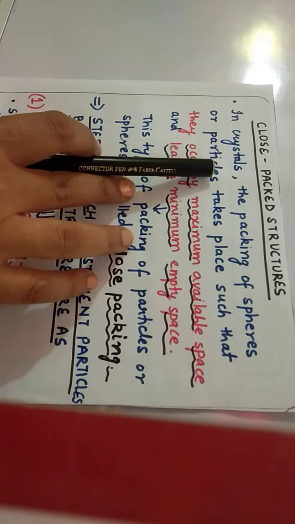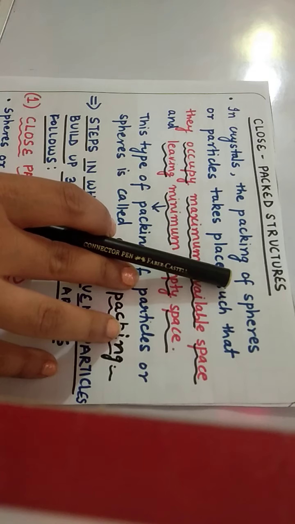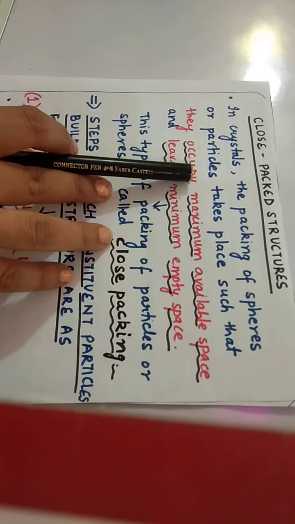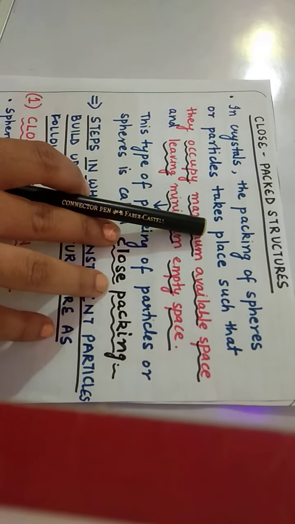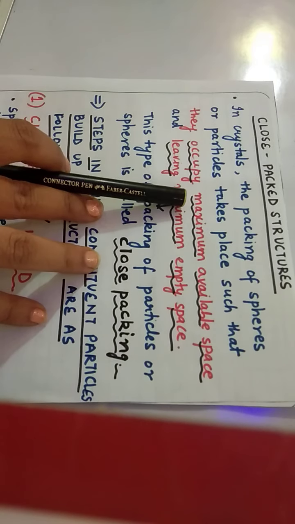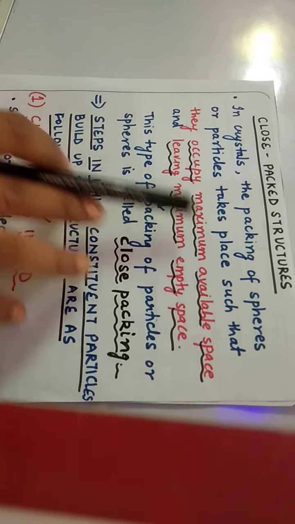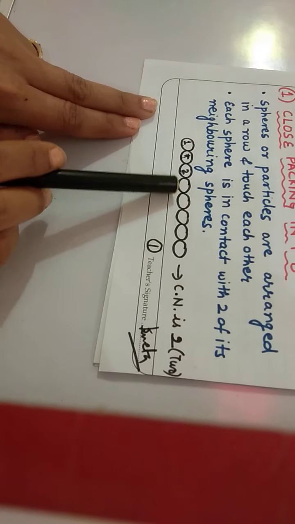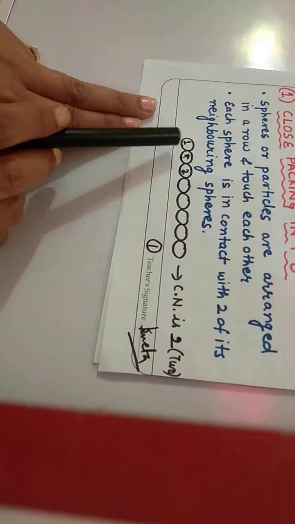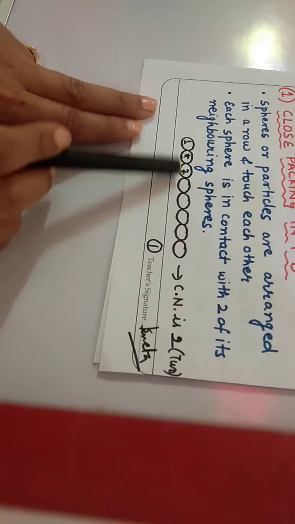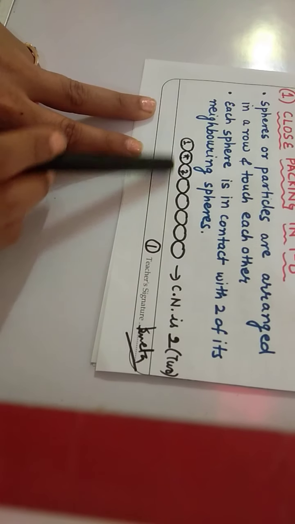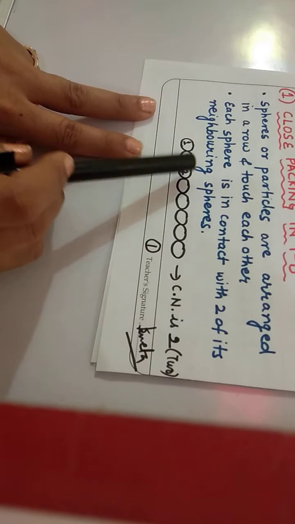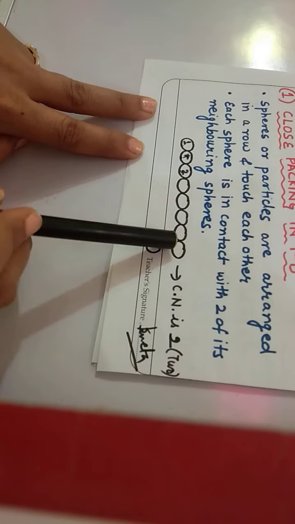So, in a crystal, the spheres or particles arrange themselves in such a manner that they occupy maximum available space and they leave minimum empty space. For example, here the particles are arranged in such a manner that they are occupying maximum possible space and leaving minimum possible space.